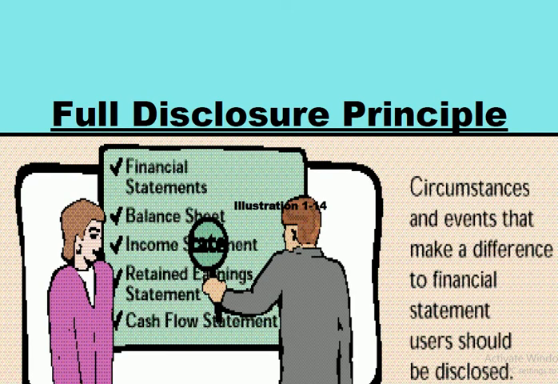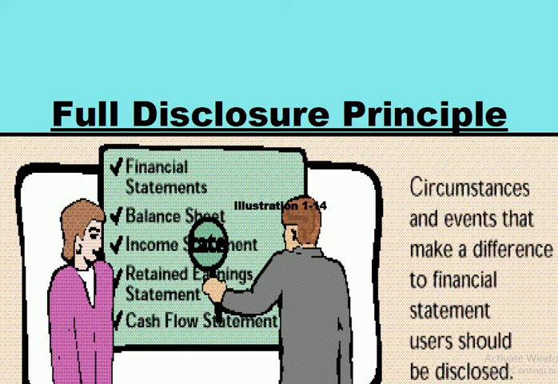Full disclosure principle. This is another principle, the full disclosure. According to this principle, you have to state each and everything on the balance sheet. Circumstances and events that make a difference to financial statement users should be disclosed.